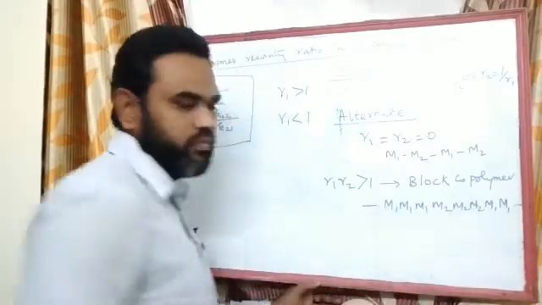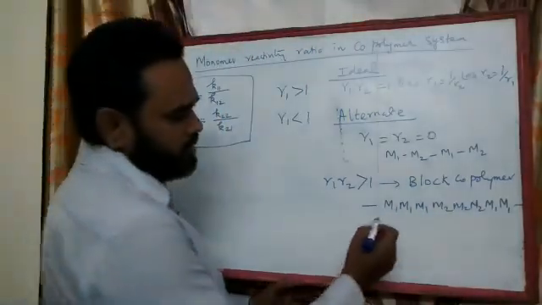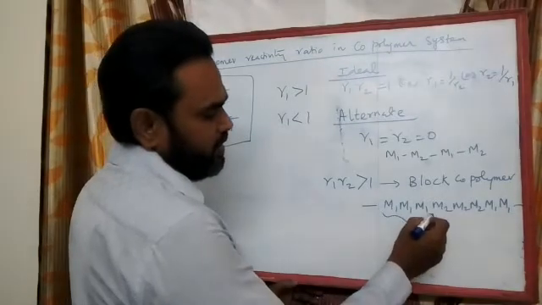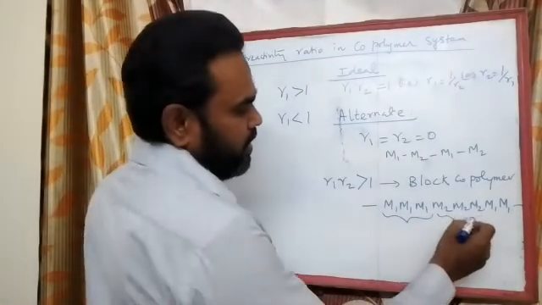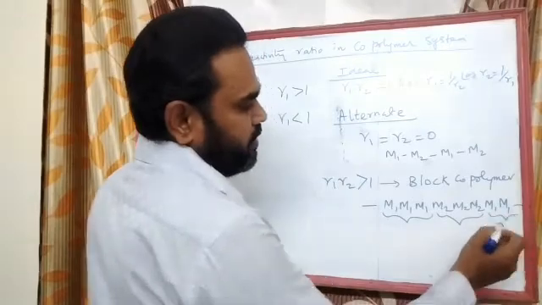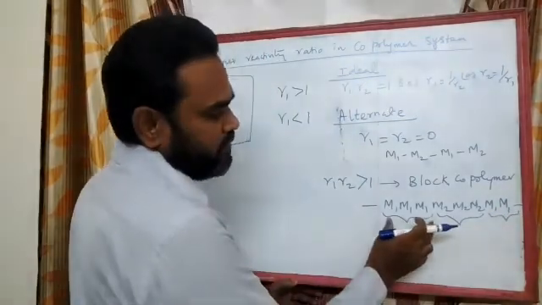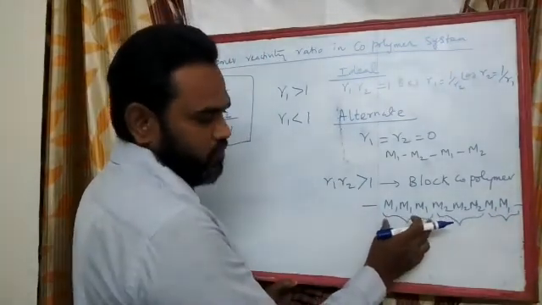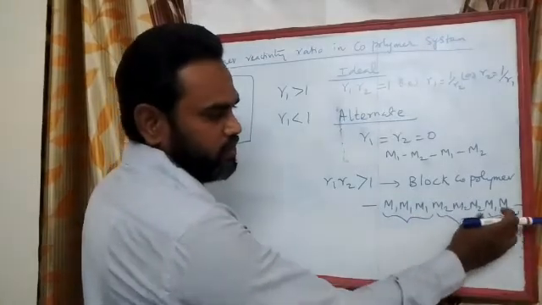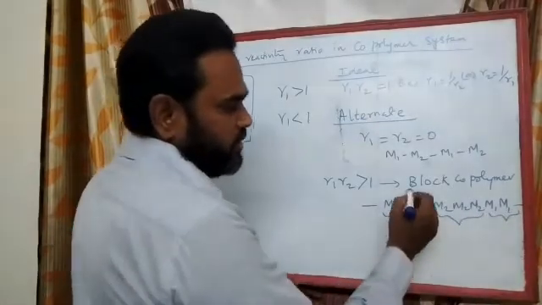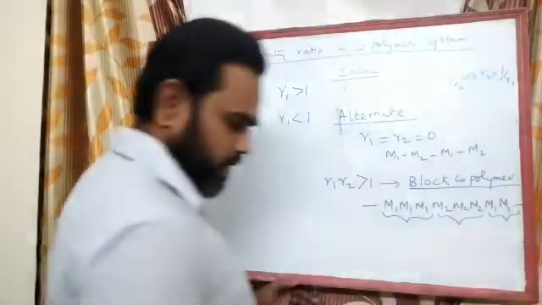The copolymer will have blocks of both monomers: M1, M1, M1, M2, M2, M2, then M1, M1, M2. So like this, you will have a block copolymer.